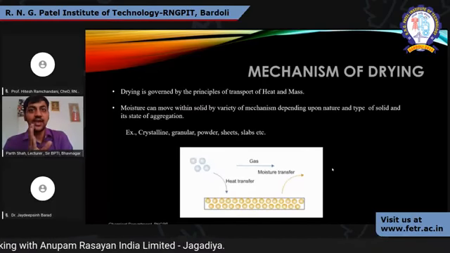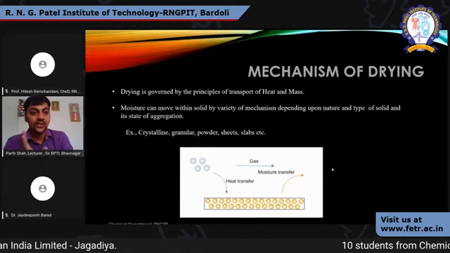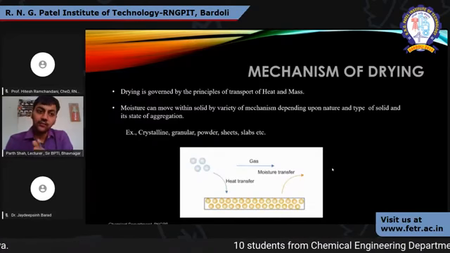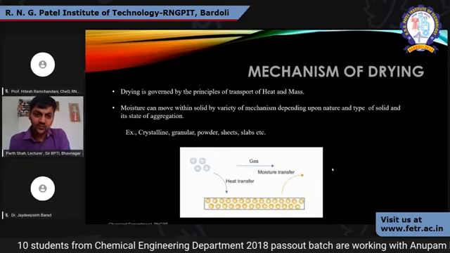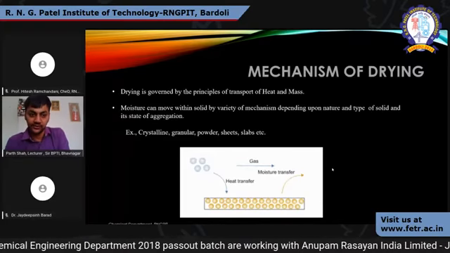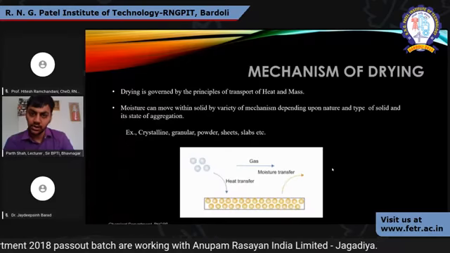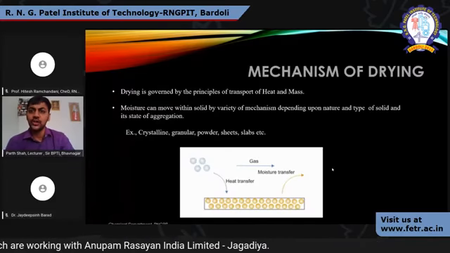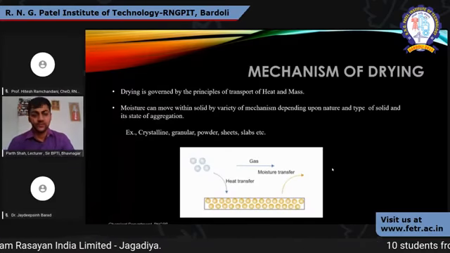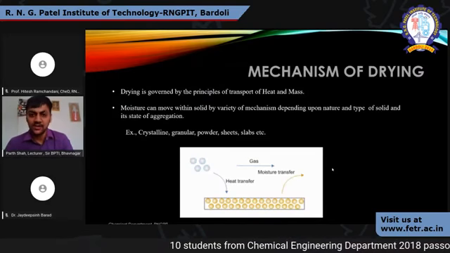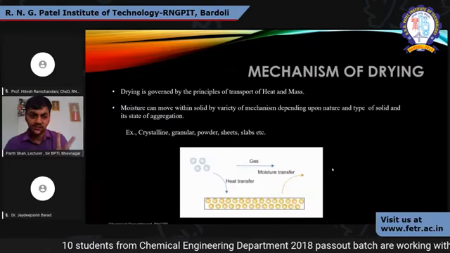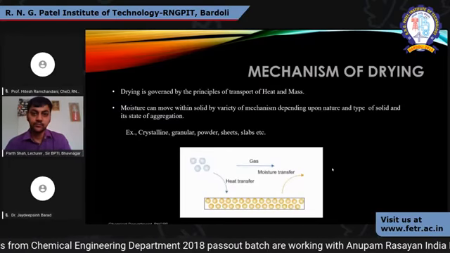Each solid has its own nature, and we need to treat it with the appropriate type of drying equipment. So drying is different for all these kinds of solids. Depending on the type of solid, the drying mechanism is very important to understand, right? So the drying mechanism is clear: there is heat transfer and mass transfer.